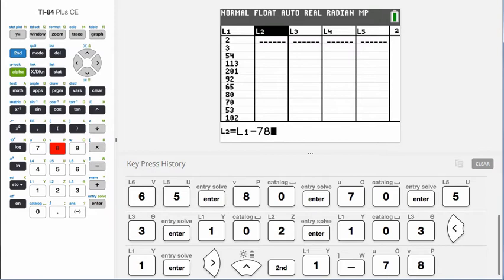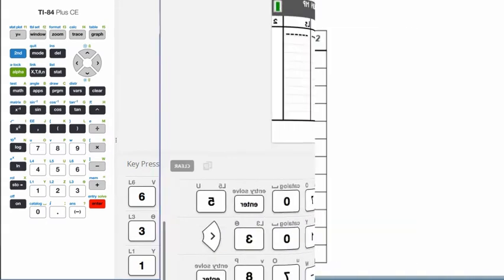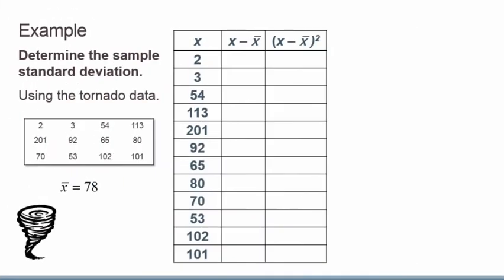Then I press the Enter key, and it does all the calculation for us. So now I can take the information from my calculator, go back to my table, and type in all that information. The next thing I need to know in my table is x minus the mean, squared. What that means is I need to calculate negative 76 squared, negative 75 squared, negative 24 squared, and so on.